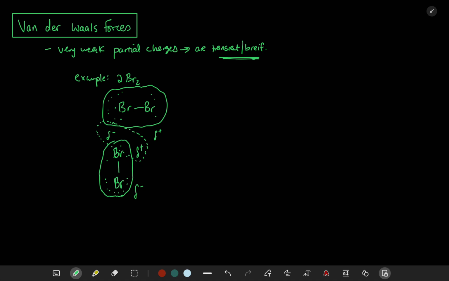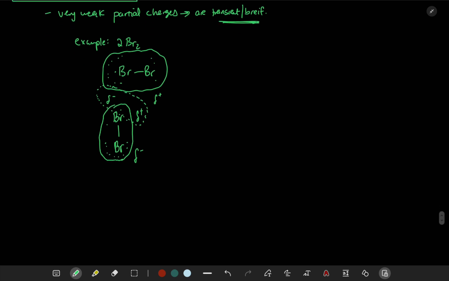Now, the important thing to note is that van der Waals forces can occur in both polar and nonpolar molecules, right?